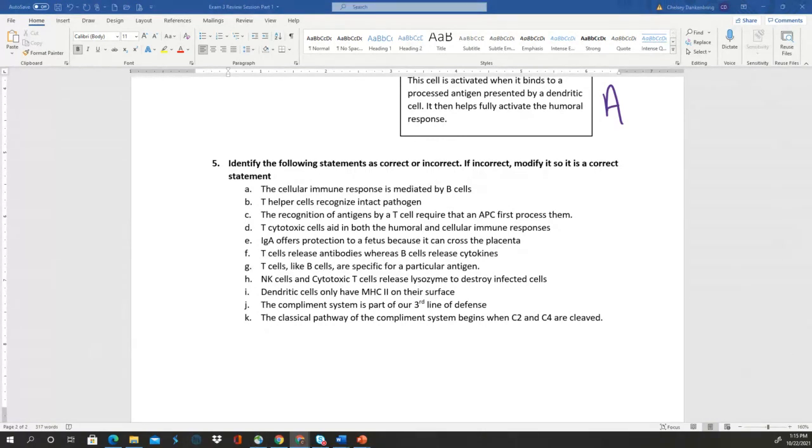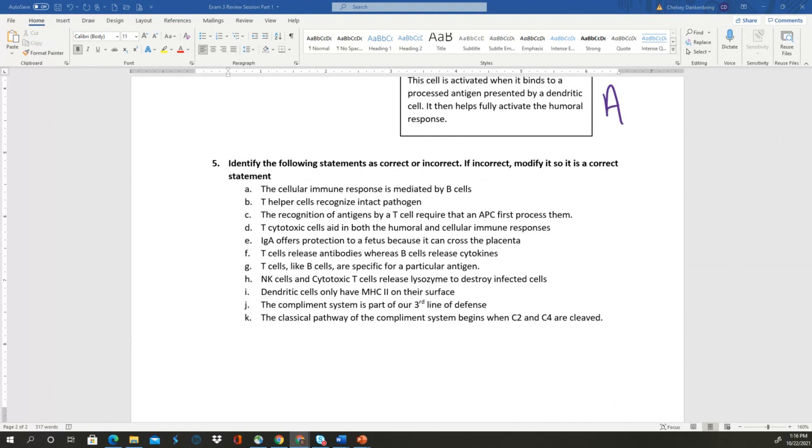Yes, so remember, you need to know the 3 pathways, where they begin in terms of which complement protein gets cleaved or activated first. And then you need to know what activates each one. So the classical pathway is activated by antigen antibody interactions. We call it an antigen antibody complex.